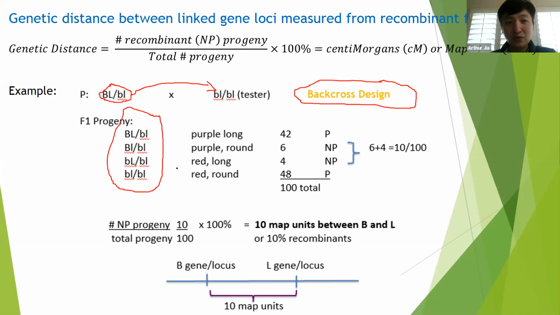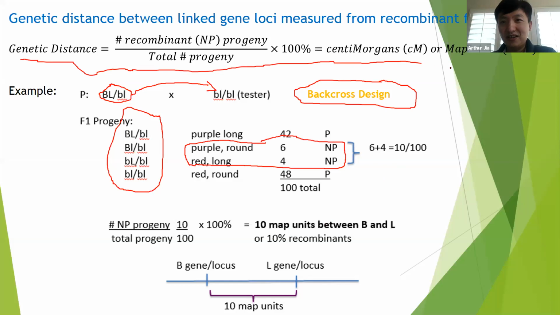And from all this progeny, we're going to identify the proportion of the progeny carrying the recombinants. So these 2 groups represent the progeny showing the non-parental genotypes, right? All right. And we can do a very easy calculation using this formula to help us calculate the genetic distance between these 2 loci. All right, so this is easy, right? Any questions?